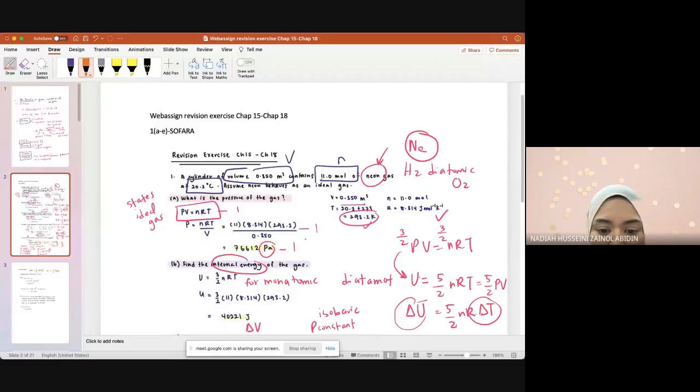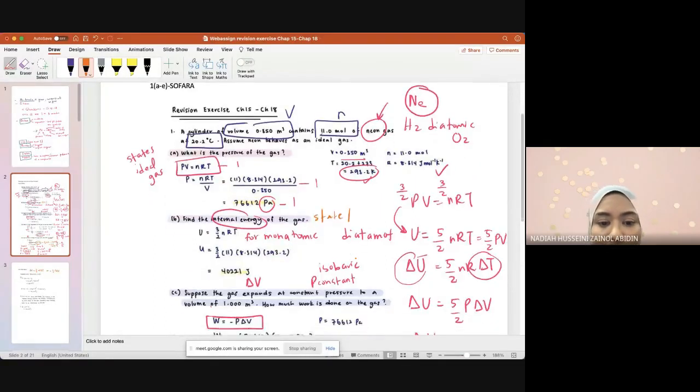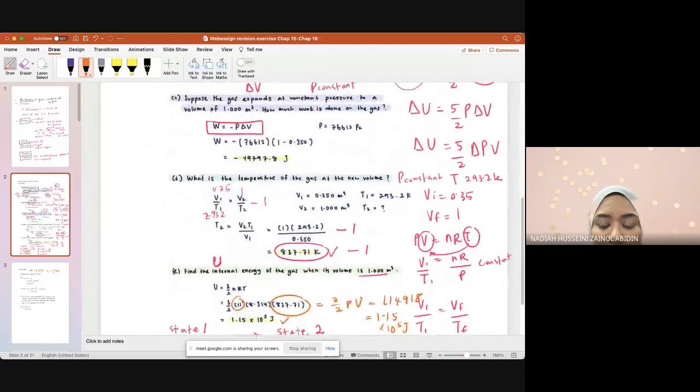Oh yeah, this is at state 1. And then when it expands, this is state 2. So Anis just used the answers directly. State 2 minus state 1.